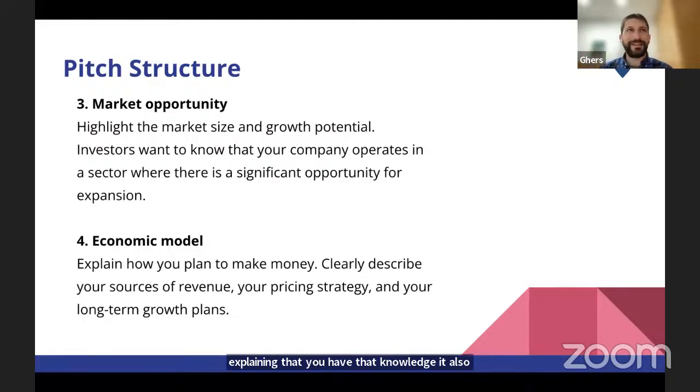It also signals to the investor that you have done your homework and that you properly understand the market you're working on.